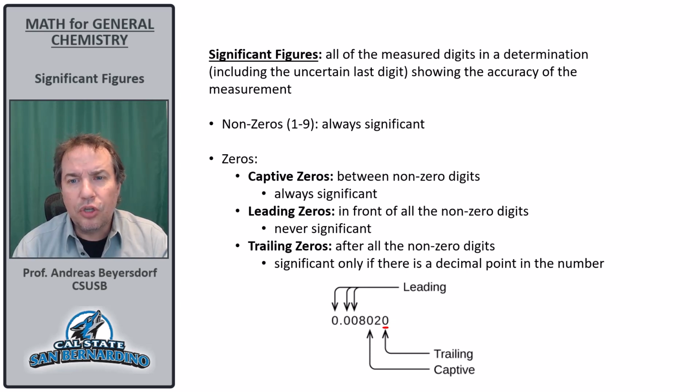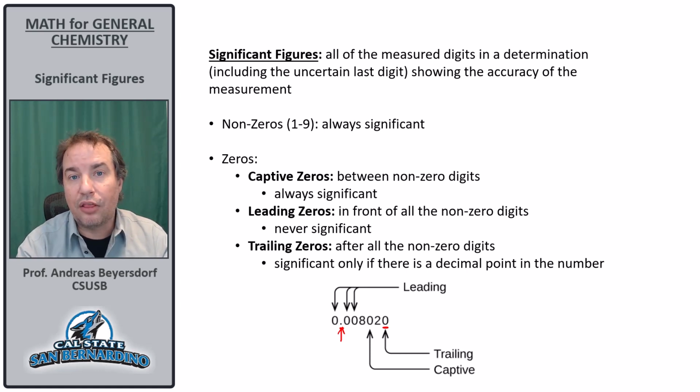Now, trailing are a little more difficult, right? Trailing are significant if there's a decimal place in the number. So for instance, there's this decimal point right here. What that means is that it is significant here. If there weren't a decimal place here, it would not be significant.